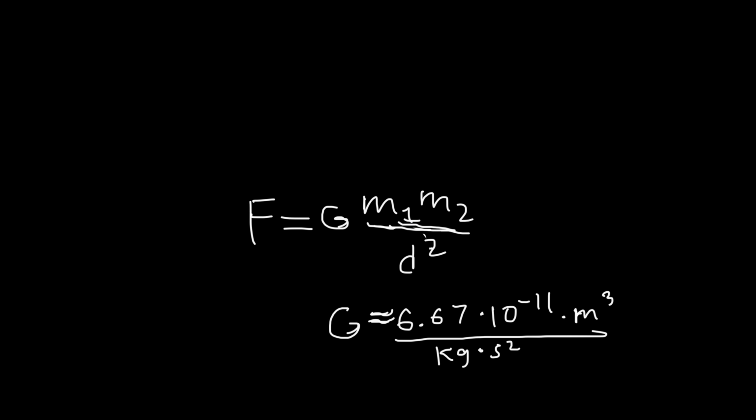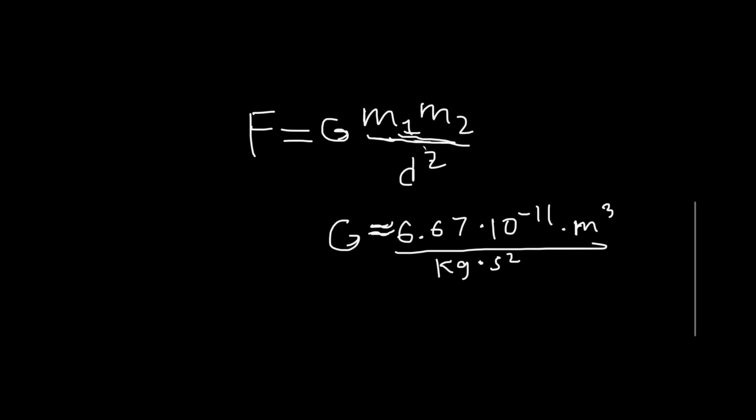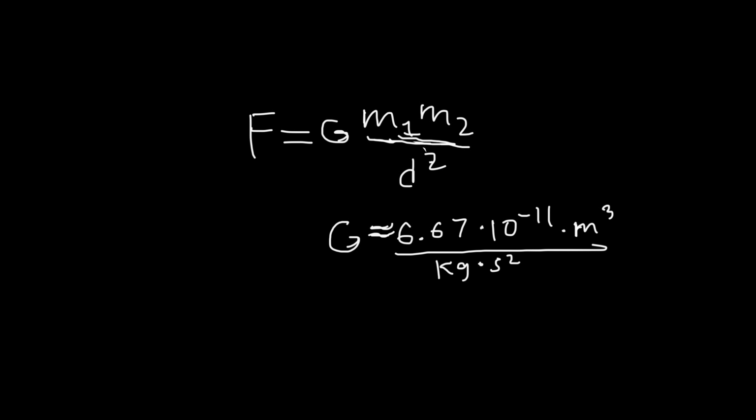It's just a constant, the gravitational constant. Without it, mass 1 times mass 2 divided by d squared would just be proportional to F. And G is equal to 6.67 times 10 to the power of negative 11 meters cubed per kilogram per second squared.